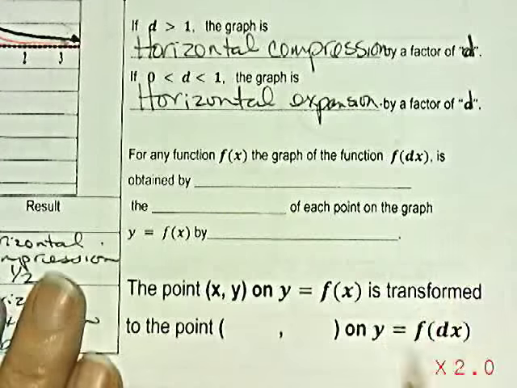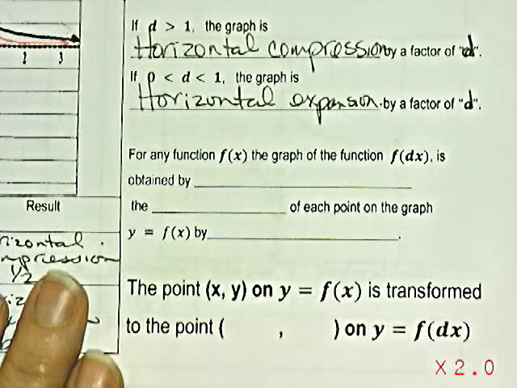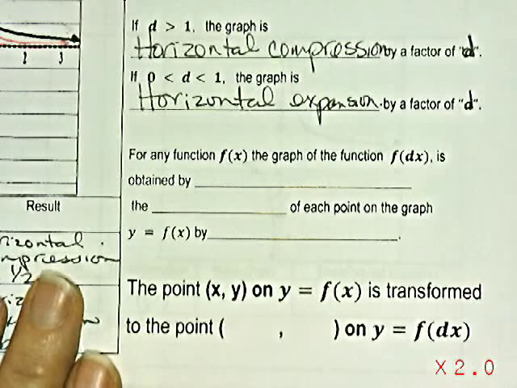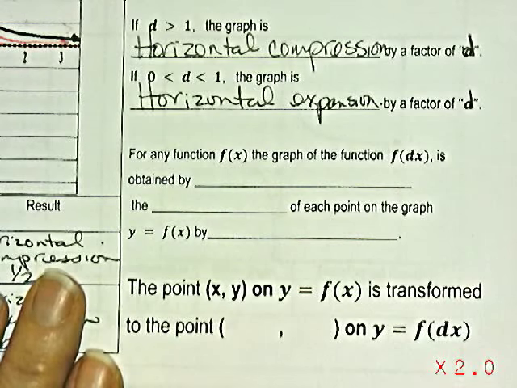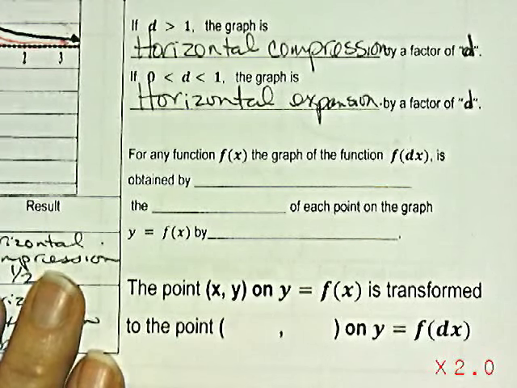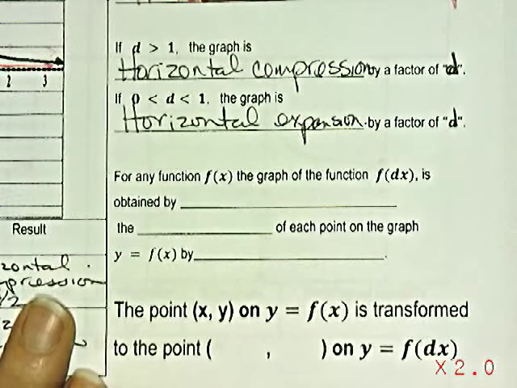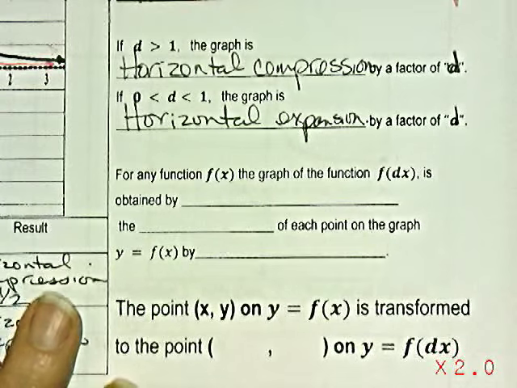All right, down here for any function, we're going to learn a calculation method of where to calculate where my new transform dots went, especially when my transformations get crazy in terms of multiple numbers inside my equation.